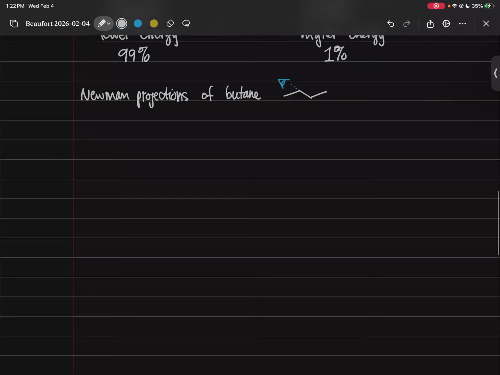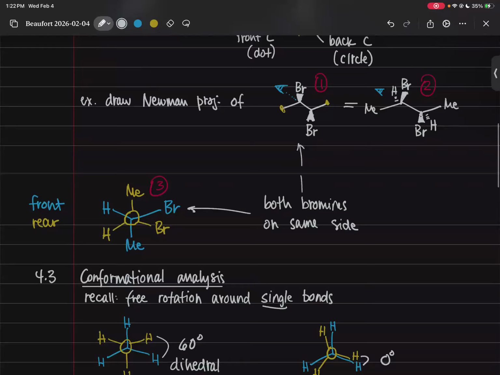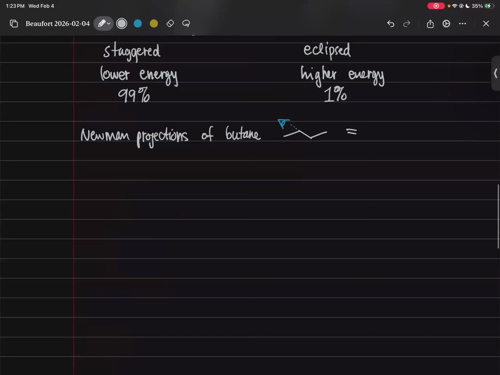More substituents than just hydrogen. So we can do the same process that we did with the dibromobutane example from up here. We want to go from this first molecule that's just the skeletal structure to a slightly more expanded molecule that has all of the wedges and dashes on it. In this case, we don't have any wedges and dashes.